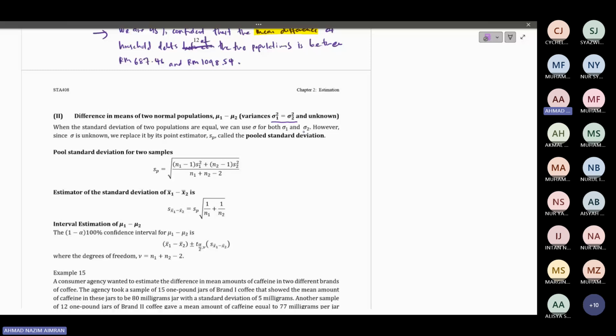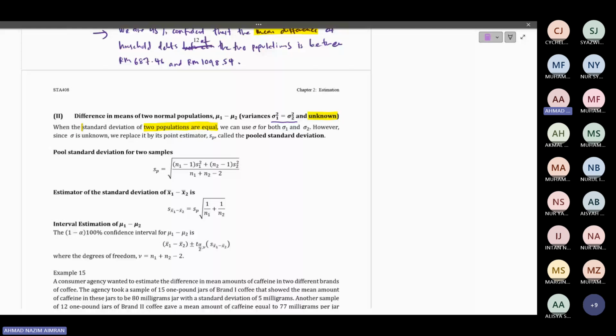Okay, now let's say that this is when the standard deviations of the two populations are unknown, but this time the standard deviations of the two populations are equal.